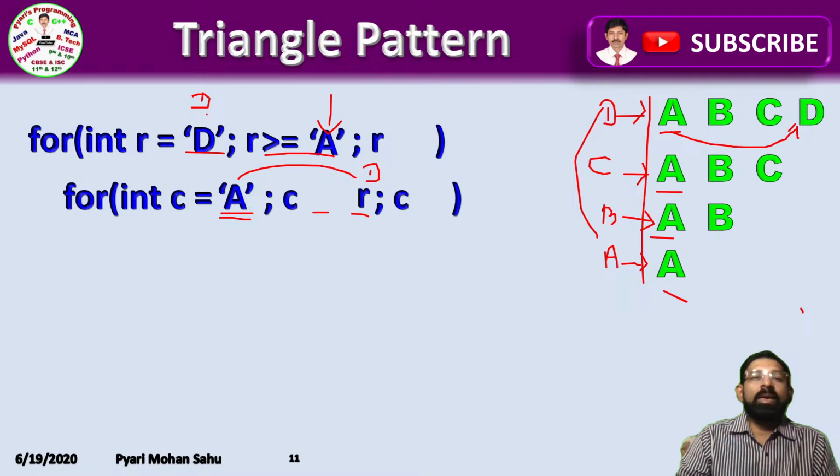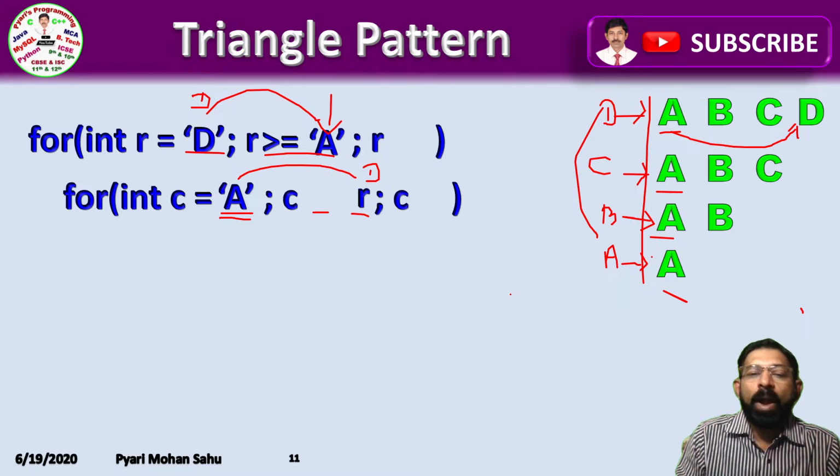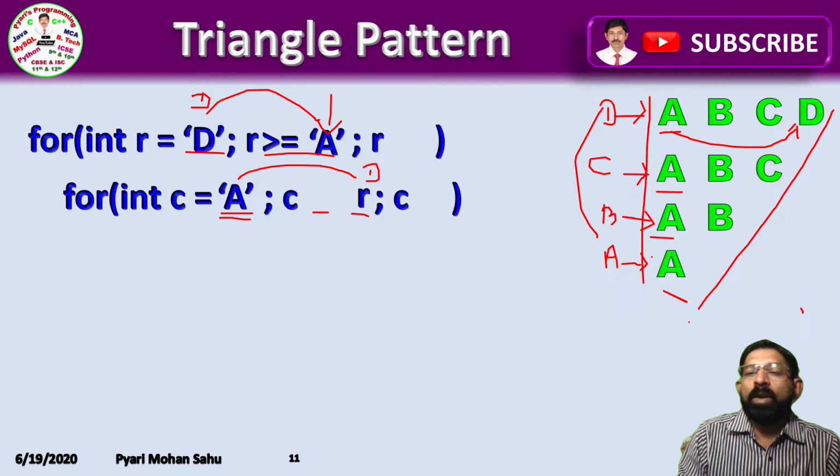You can see quite clearly from the right hand side why it is decreasing order, because it goes from D to A.